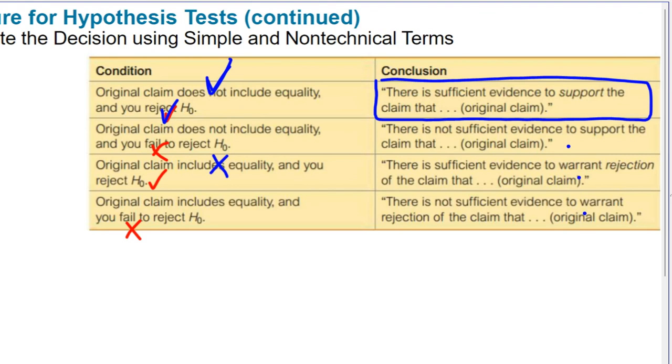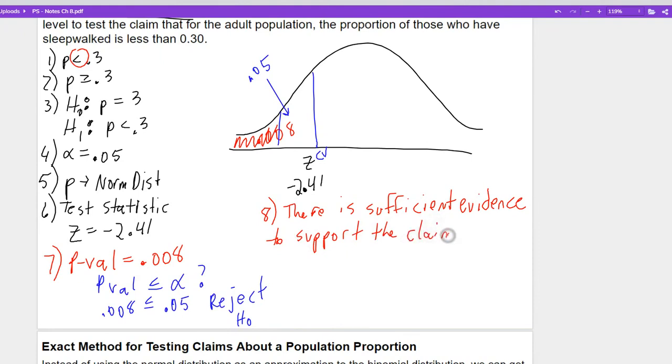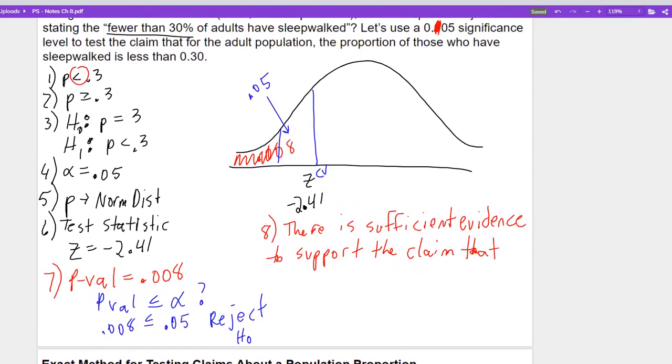There's sufficient evidence to support the claim that, that's step 8. What were we claiming? Fewer than 30% of adults have sleepwalked.